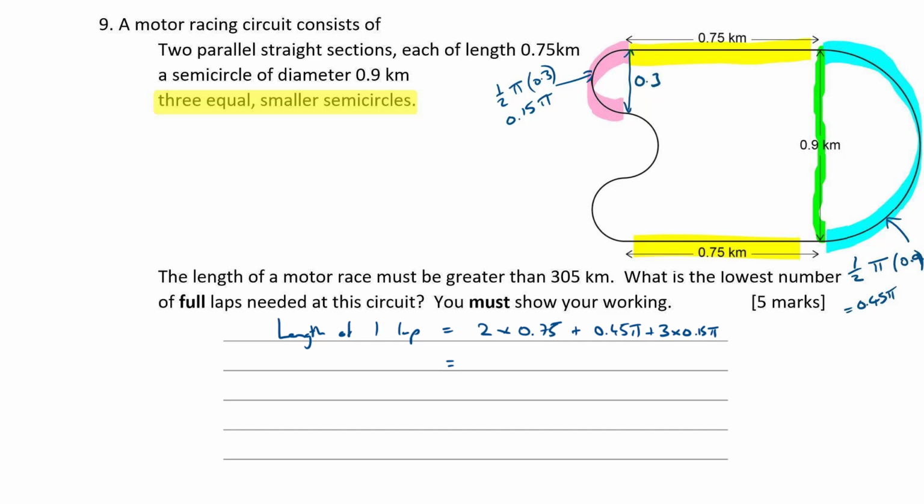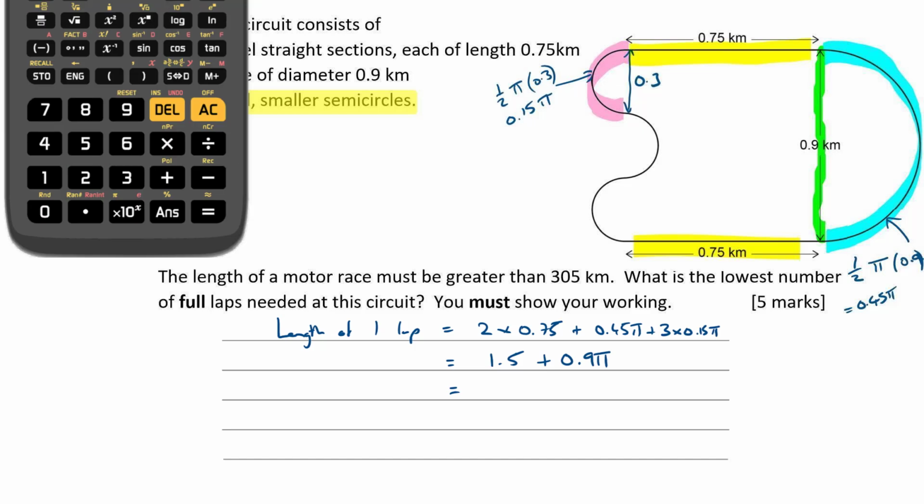Okay. Well, 3 lots of 0.15 is 0.45, and 0.45 plus 0.45 is 0.9. So actually, 2 times 0.75 is 1.5, and my 0.45 pi and my 0.45 pi gives me plus 0.9 pi.